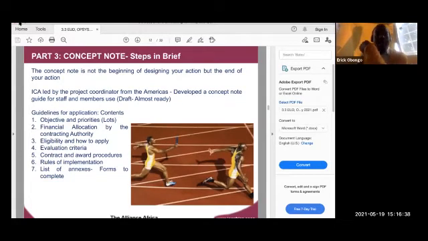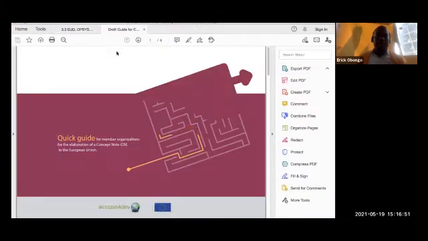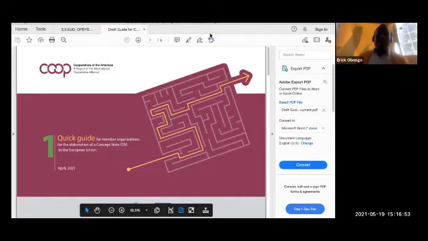We had shared the same guide with you in the materials that we shared, but briefly, I would like to take you through the guide so that you can appreciate what I'm telling you. So I'll again start the sharing.